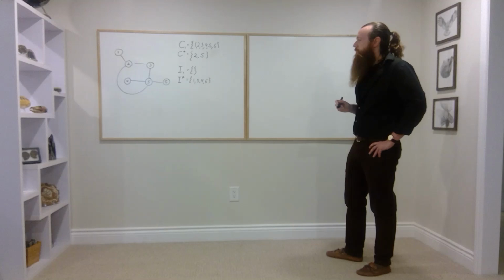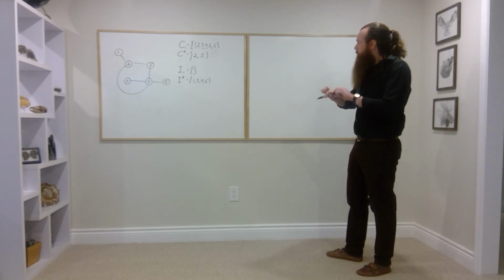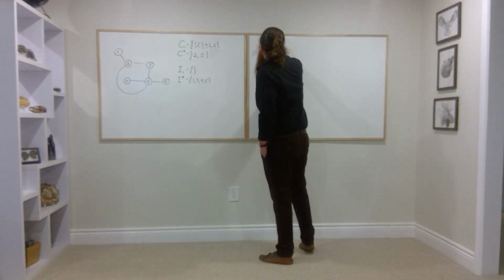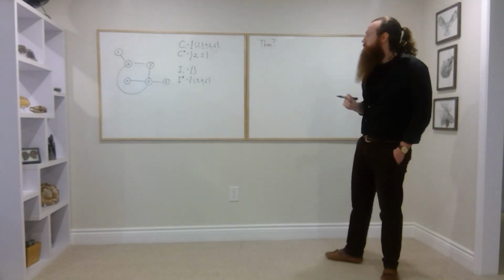How am I going to relate these two things? Well, based off this, maybe we can guess, what if this holds? I'll put a question mark here for now because we haven't proven it yet.